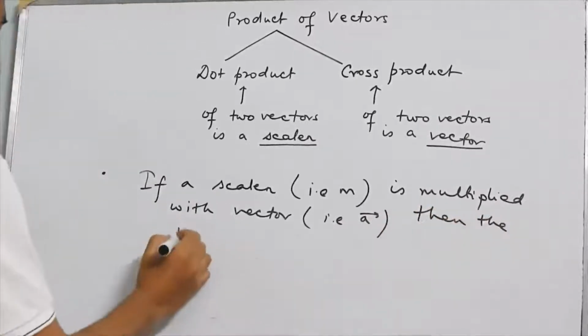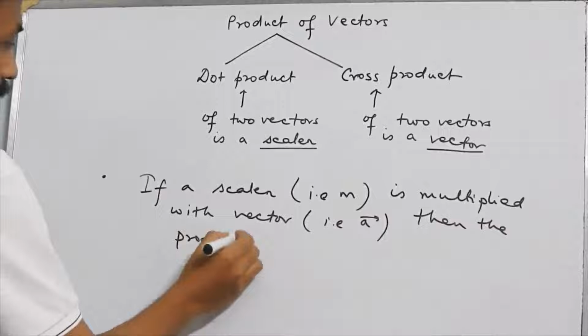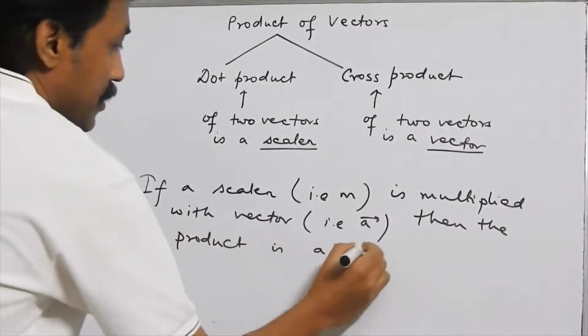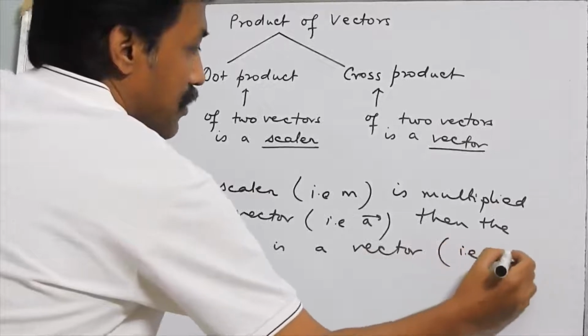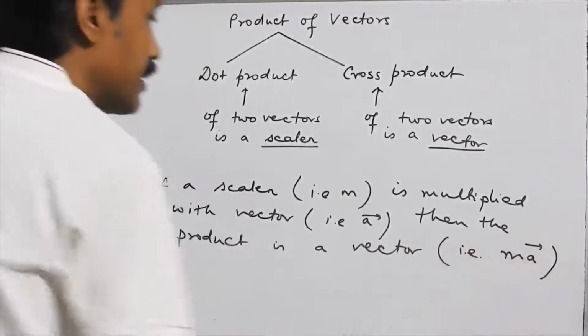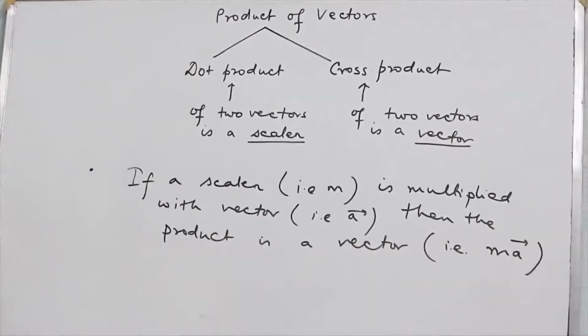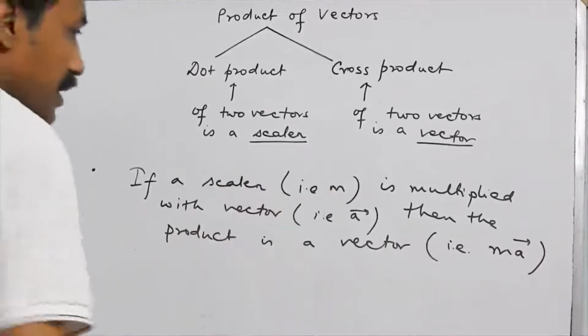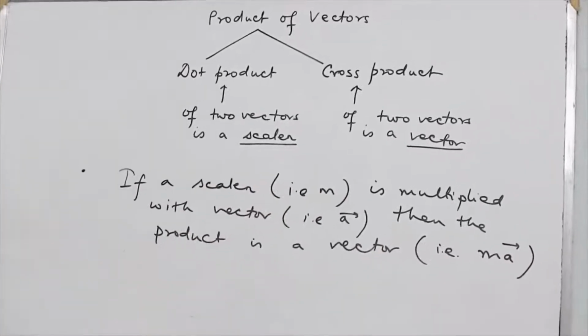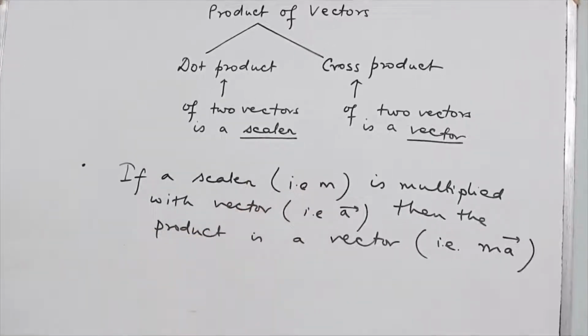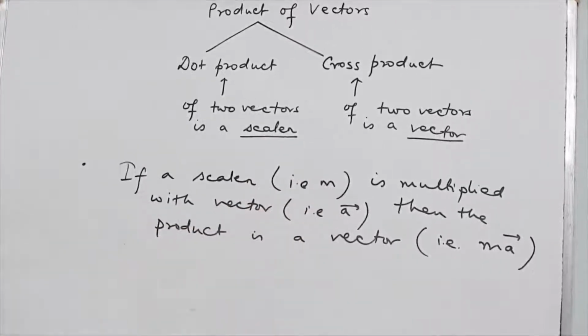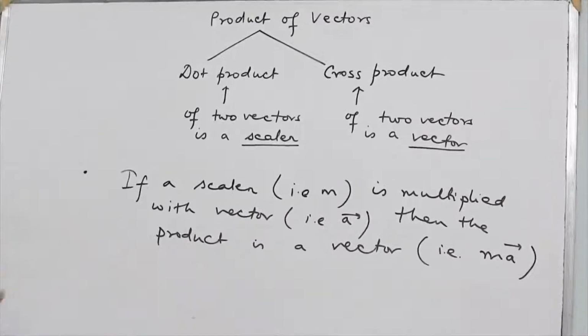And the product is a vector, which will be obviously m times the vector a. Now whenever we multiply a scalar with a vector, its magnitude gets multiplied. So if there is a positive m and we multiply with a vector a, then the magnitude of the vector is increased by m times.